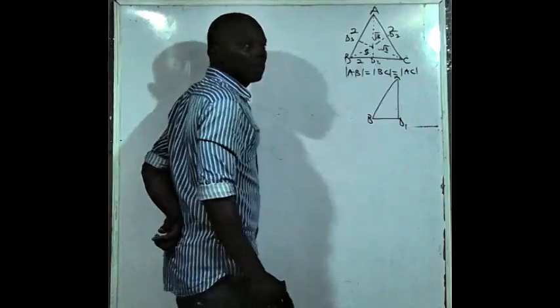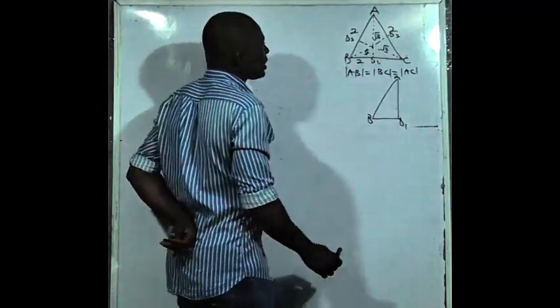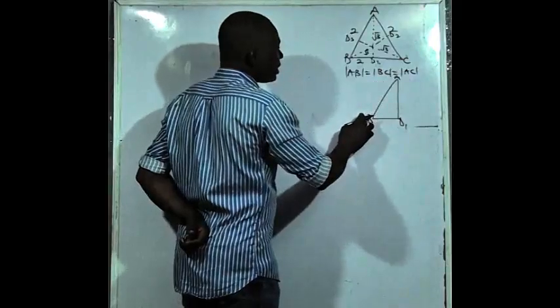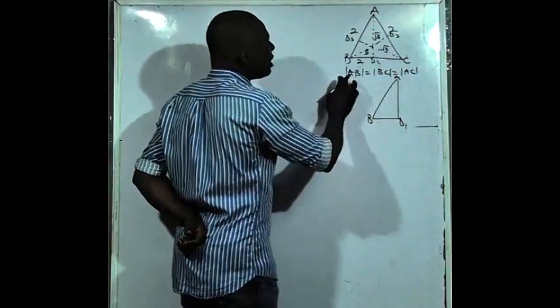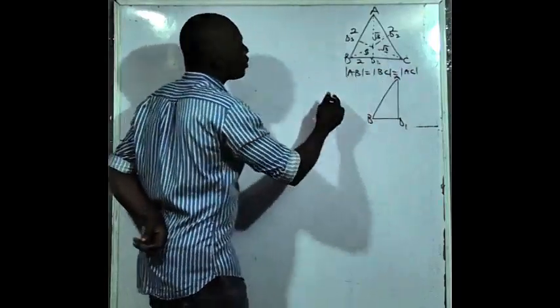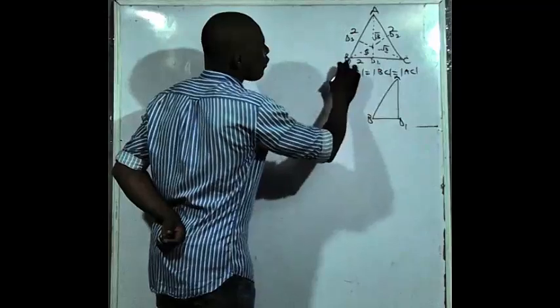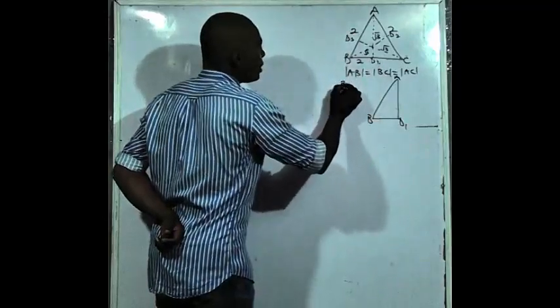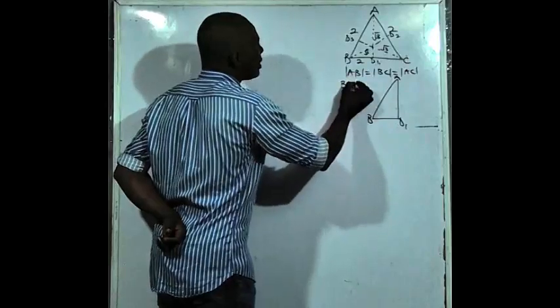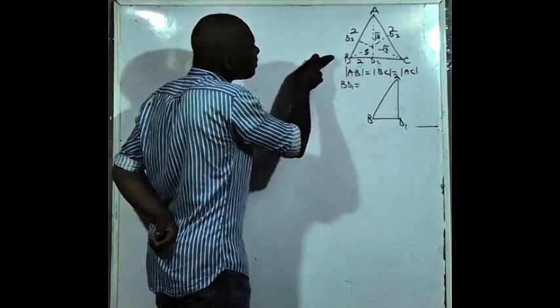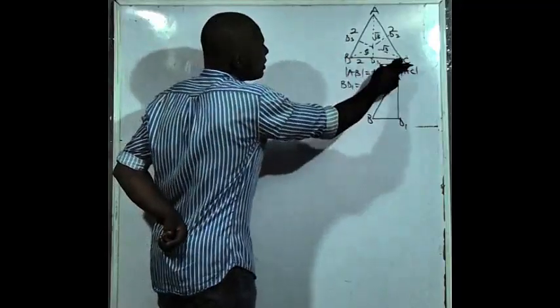It means that this line AB is equal to BC and is equal to AC. So we can also say that BD1 is half of BC, right?